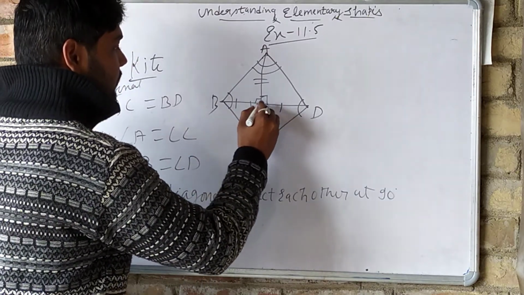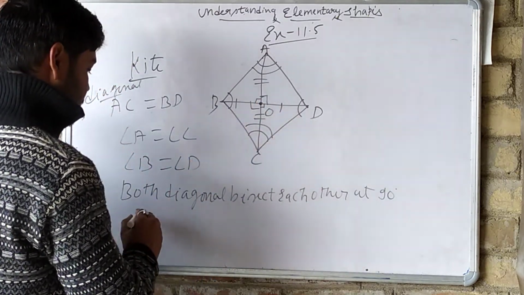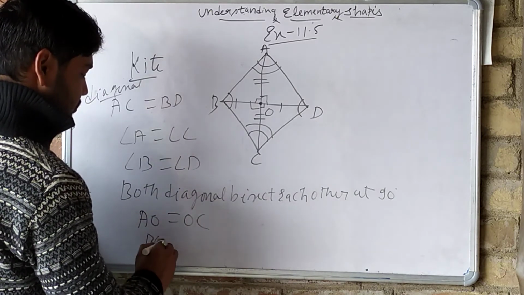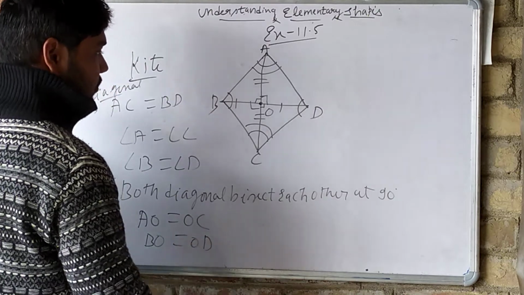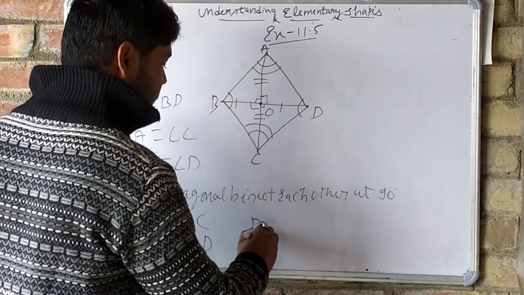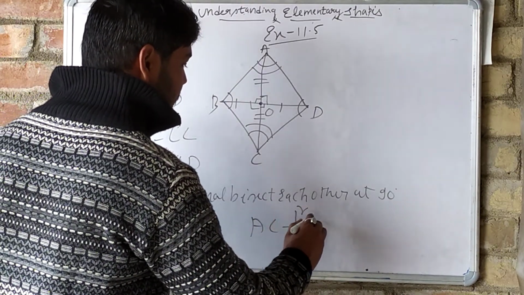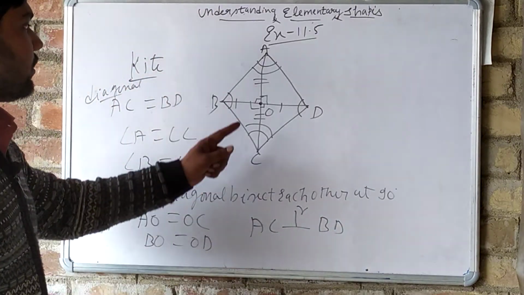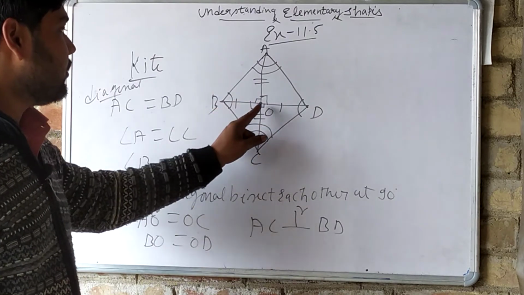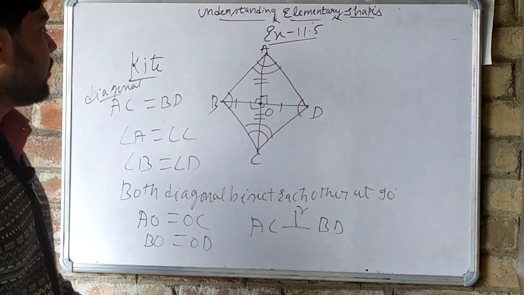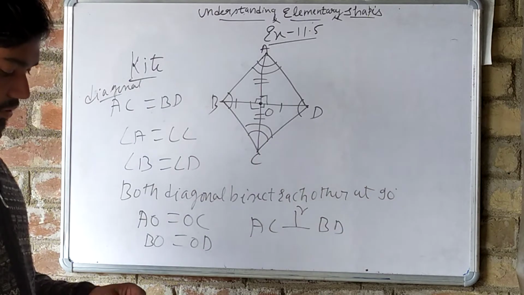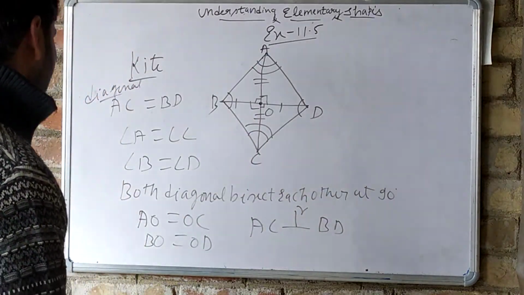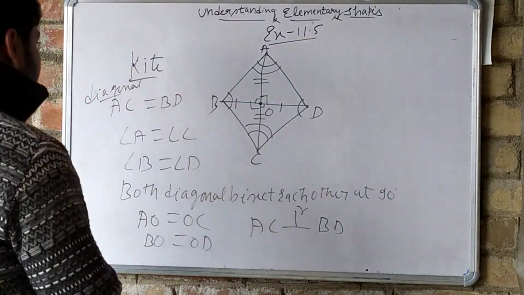That means if this point is considered as O, then AO is equal to OC, BO is equal to OD. And AC is perpendicular to BD. So this is the property of a kite, and both diagonals intersect each other at 90 degrees.